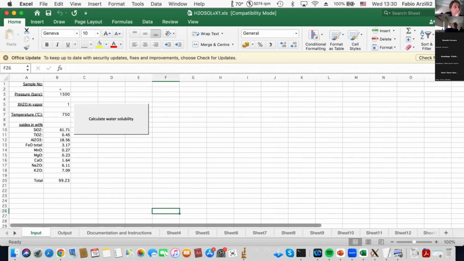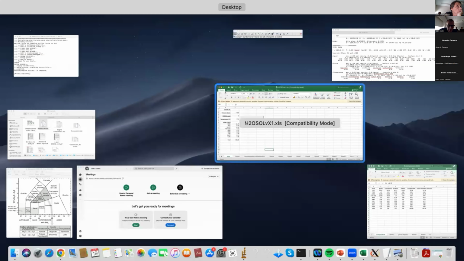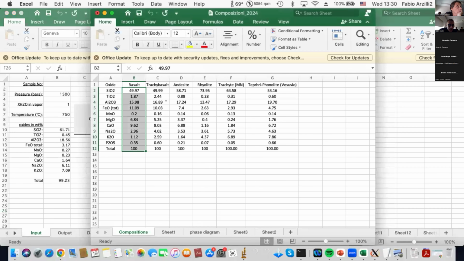You have the pressure that you want to investigate, the activity of water, the temperature, and your composition. So we can just copy and paste our composition from silica to potassium.